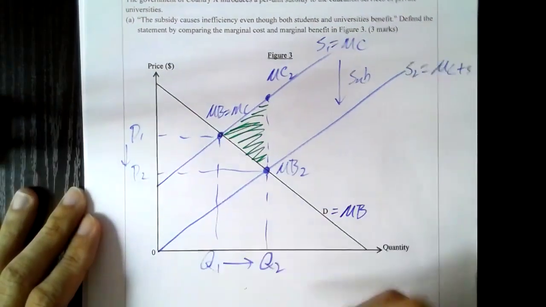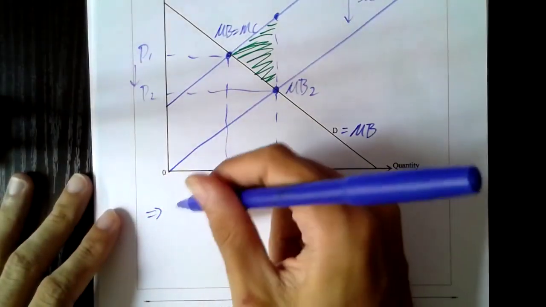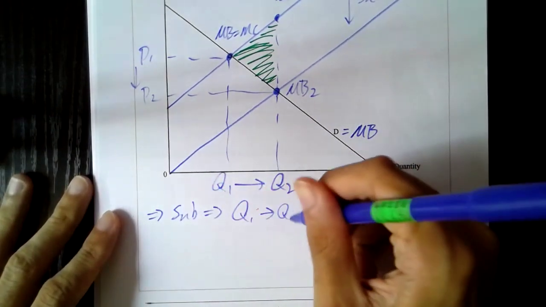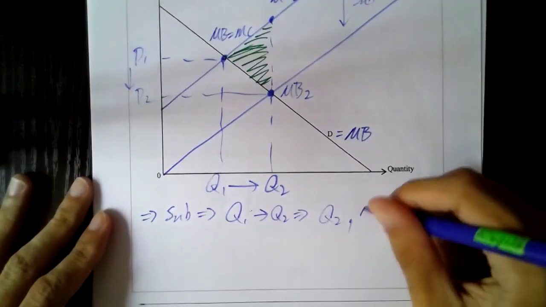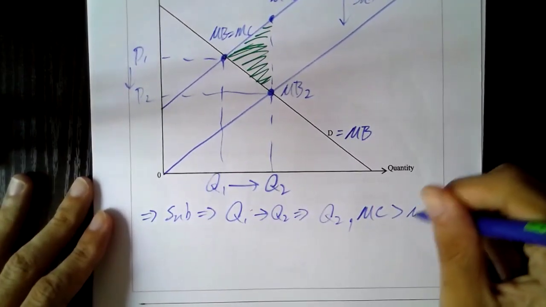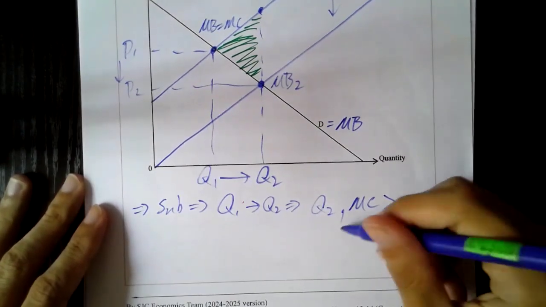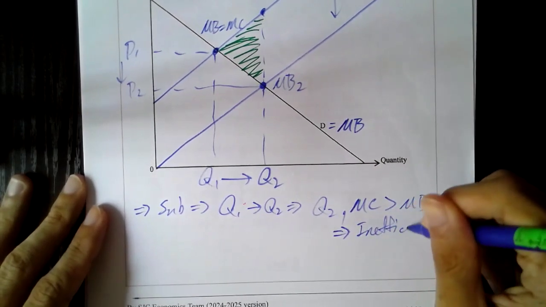P2 drops and quantity increases, right? Now, how do we write? We say that with a subsidy, Q1 goes to Q2. But then at Q2, MC is larger than MB, which means this is inefficient.